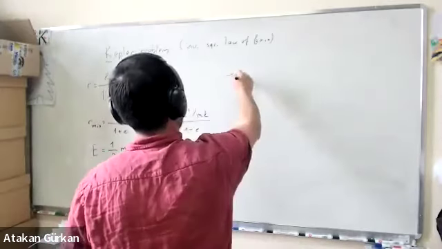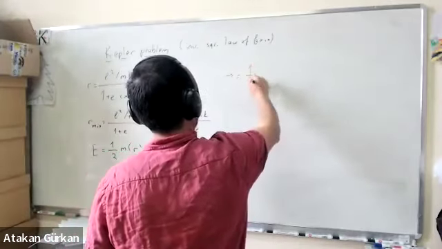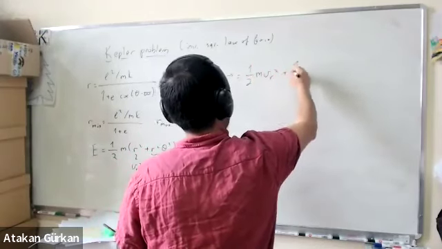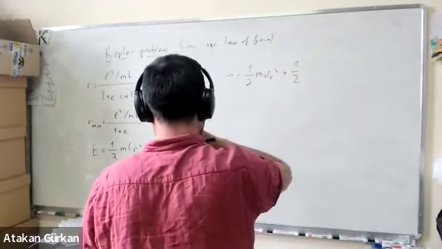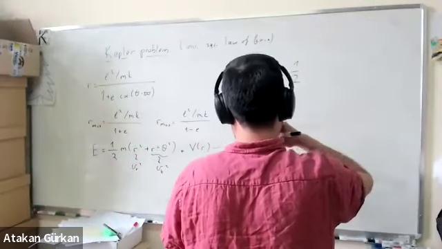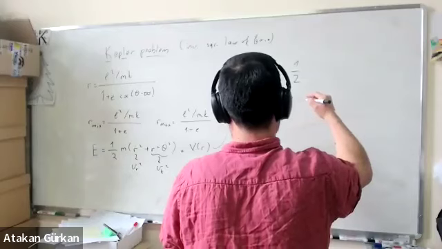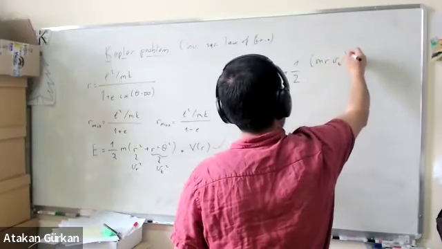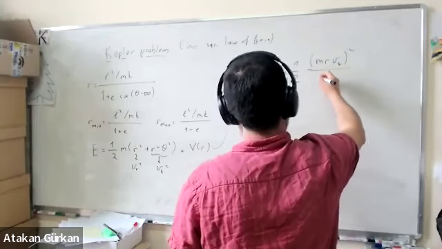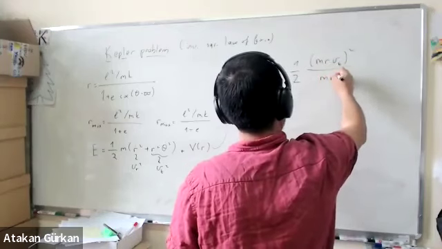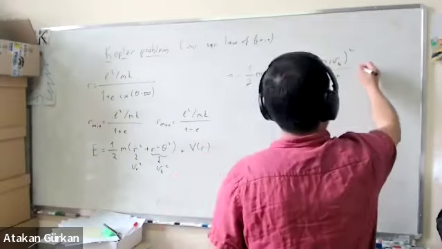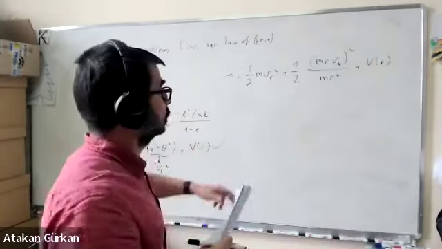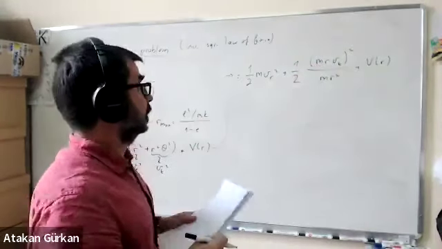So this just becomes a half mR dot squared plus a half mVt squared, and we're going to write this as m R Vt squared over m R squared, plus V of R. We recognize this as the magnitude of angular momentum.